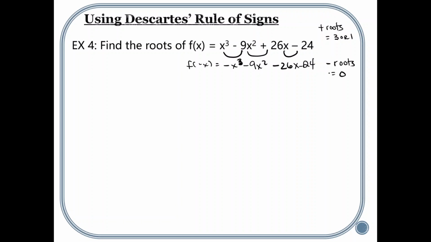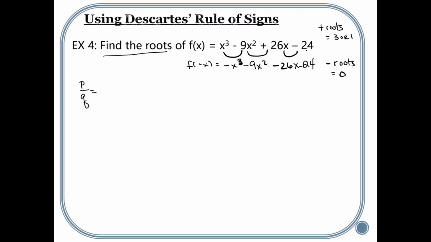Okay? So this is helpful because now when I go to actually find my roots, I know that I don't have any negatives. So when I look at that P over Q, I don't have to even try the negative results. Okay, so let's do my P over Q and actually find them.